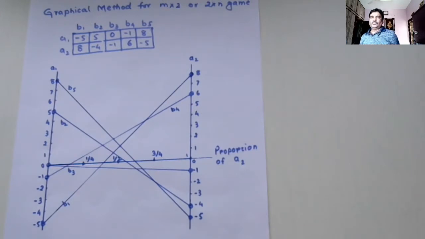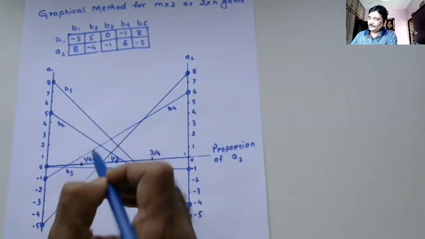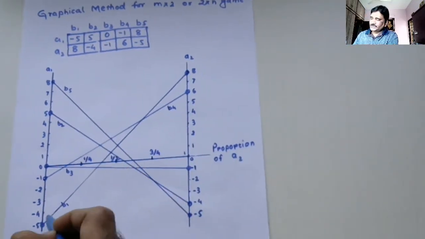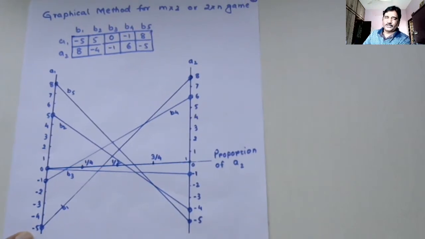As usual we know that player B will be selecting that course of action which will result in minimum loss to him. So B will be selecting to play B1. But by doing that, gain to player A is -5 and loss to player B is again -5.